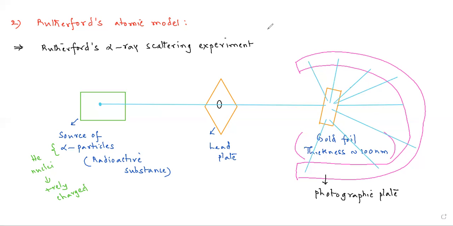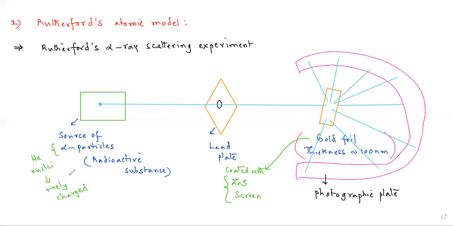And there is something else to say. You know, this gold foil is actually coated by the fluorescent zinc sulfide screen. You have already come across this zinc sulfide screen earlier also.